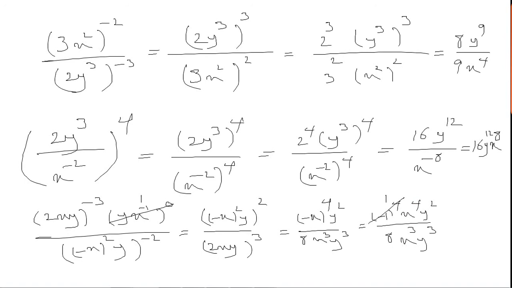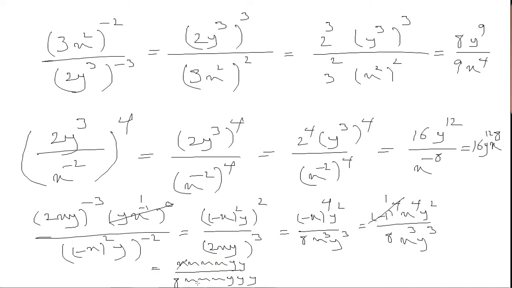Now let's simplify this. So I have 4 x's, times y over 8, and then x, y.